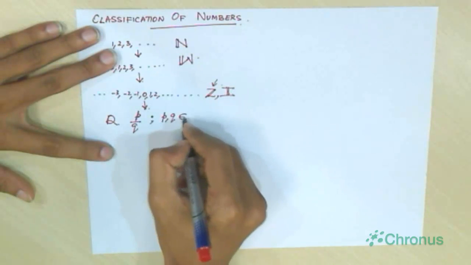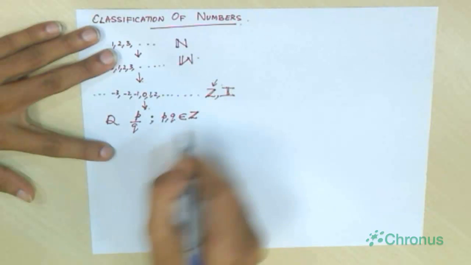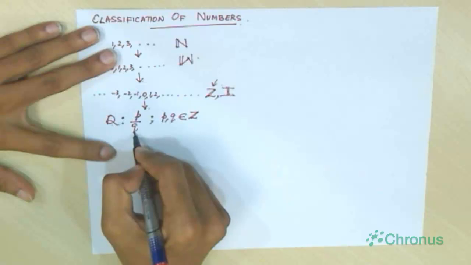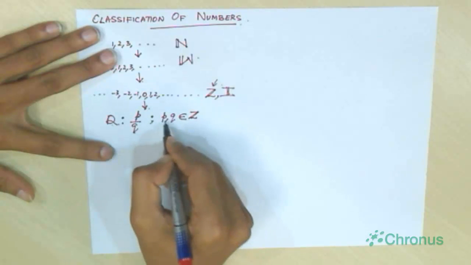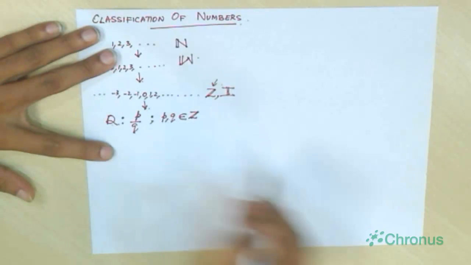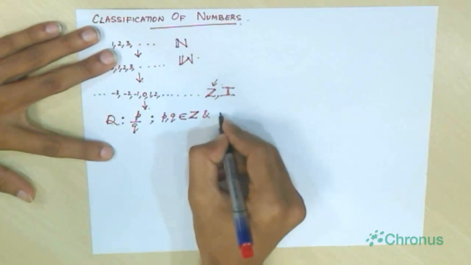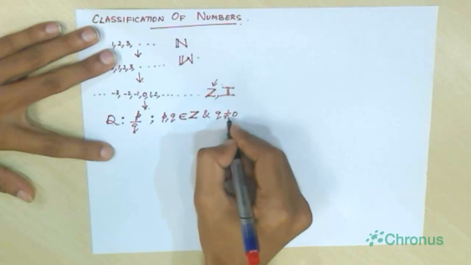We show it symbolically like this. Q is the set of numbers which can be represented in the form p by q, where p and q belong to integers, and q not equal to 0.